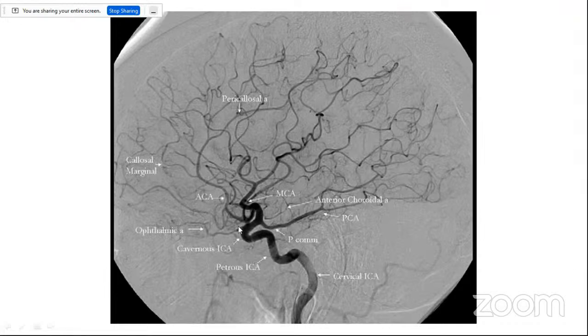The first and the most significant branch that passes anteriorly from this is the ophthalmic artery, and this would pass towards the orbit. Two branches that pass posteriorly are the PCOM, the posterior communicating, and the anterior choroidal. The posterior communicating originates proximally, followed by the anterior choroidal artery. And then this is the ICA terminating into the 2 terminal branches, the ACA and the MCA.